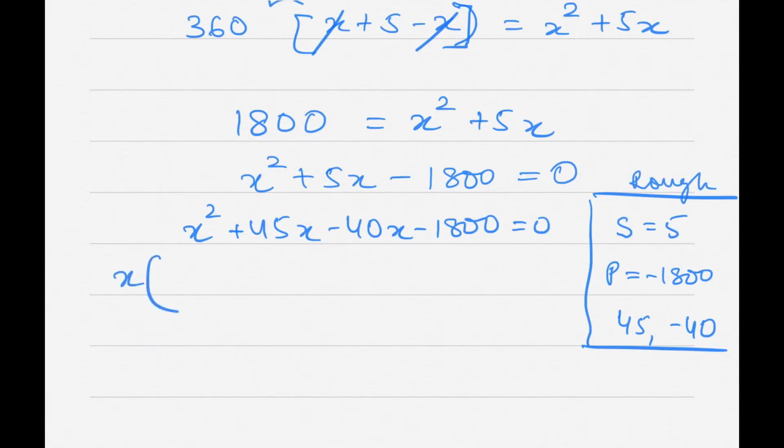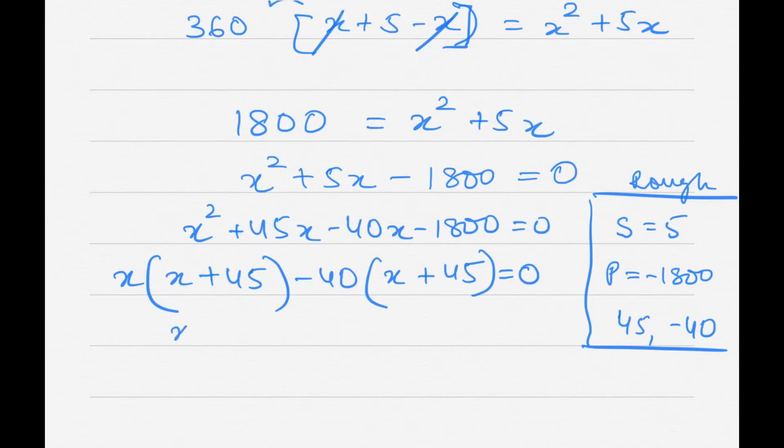Now x is common here, so x plus 45 minus 40 is common, and x plus 45 is equal to 0. So these are my two factors, x minus 40 and x plus 45 for this equation.